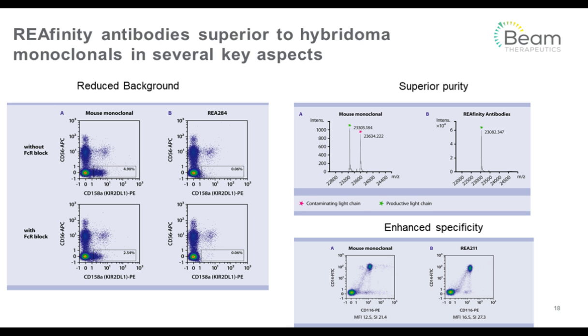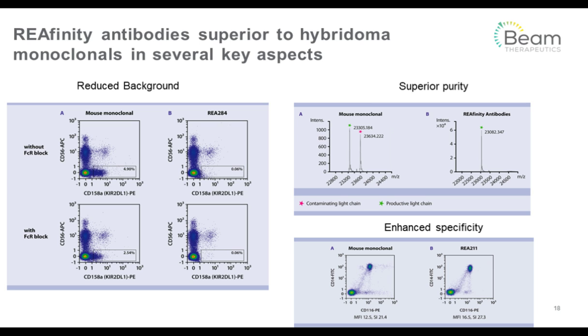With and without Fc block, you can see that there is no change in that background signal with the REA antibodies, but there is benefit from that Fc block when using a mouse monoclonal, because you did need to block the background signal from that.